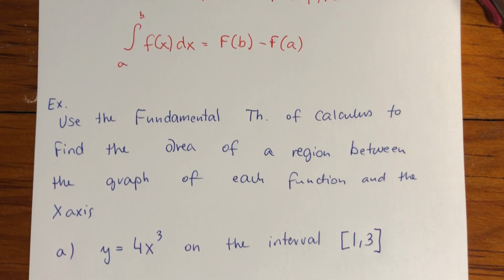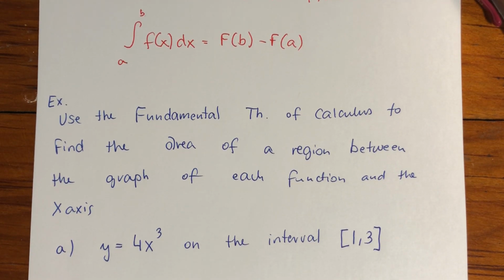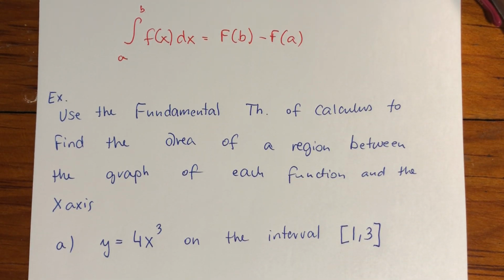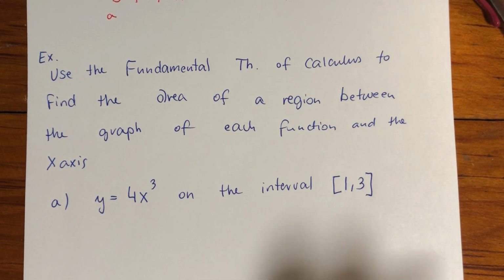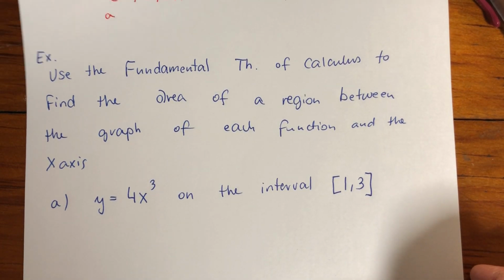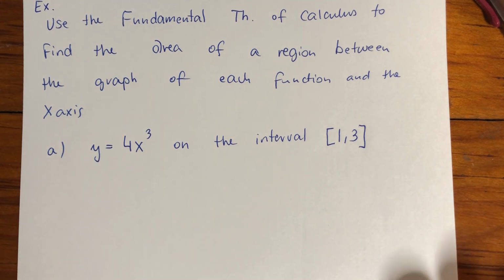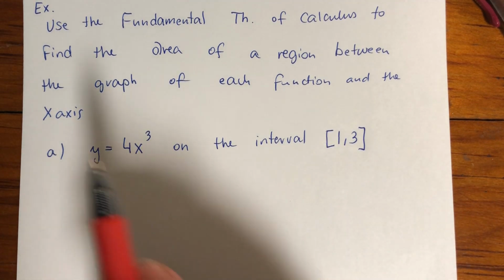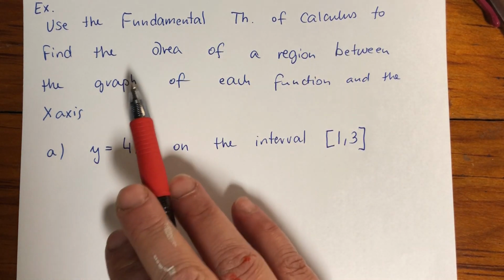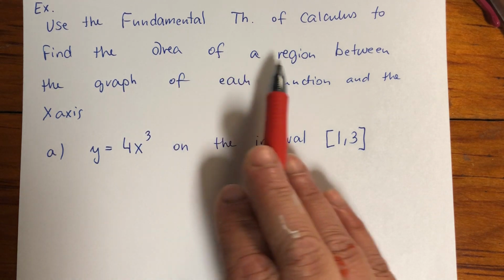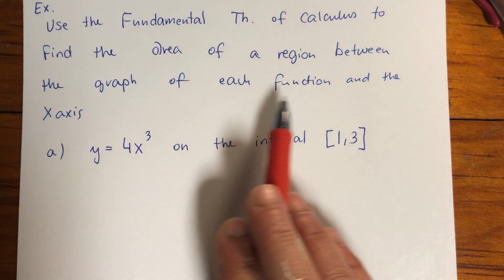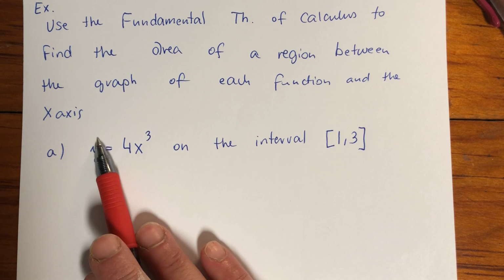So again, keep in mind, I will try to keep my definition there, but if I don't have room, I will move my paper so you guys keep it in front of you. So I want to use the fundamental theorem of calculus to find the area under the region between the graph of each function and the x-axis.